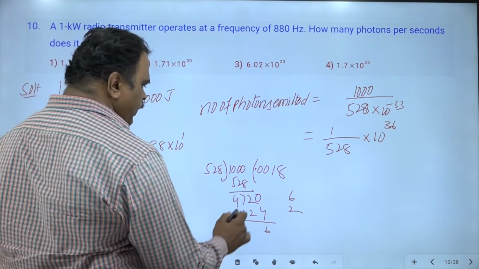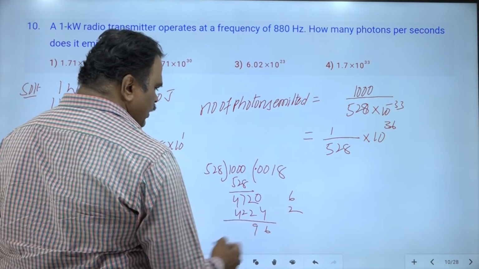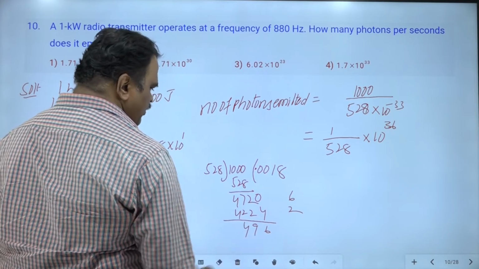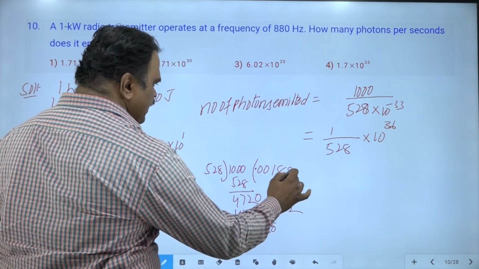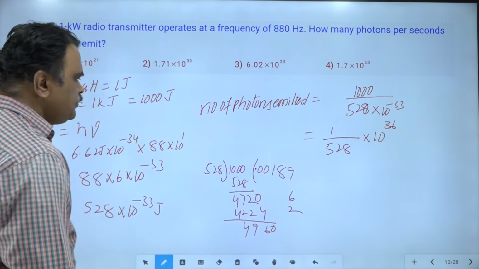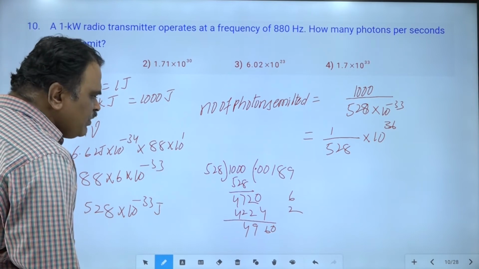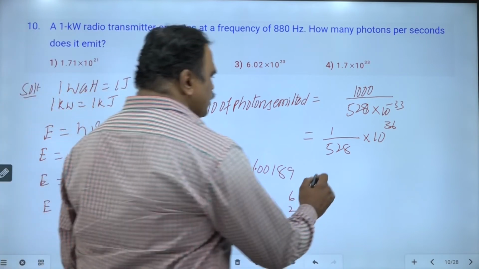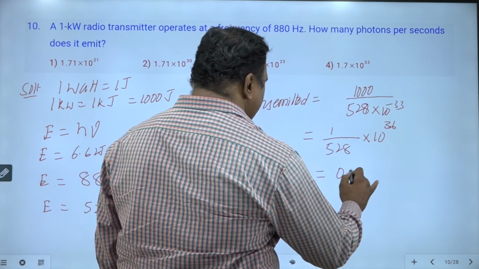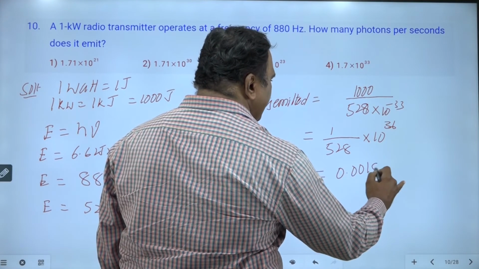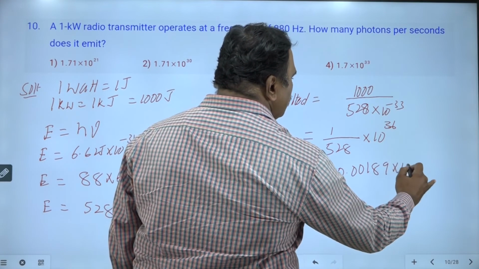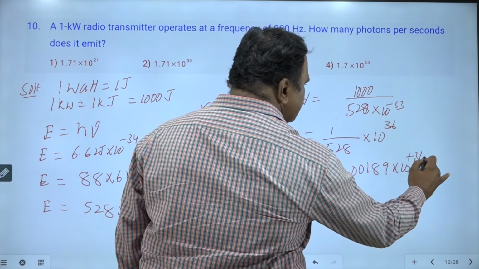So this is 6, 9, 4 again 0. Now it becomes, I think, 9 5s are 45, maybe 0. So 0.00189 into 10 power plus 36.